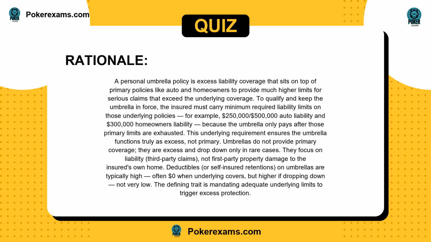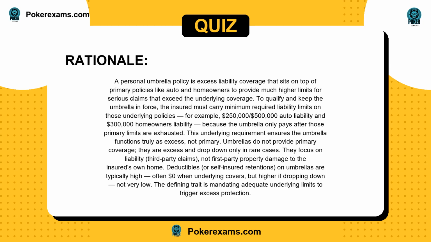To qualify and keep the umbrella in force, the insured must carry minimum required liability limits on those underlying policies, for example, $250,000/$500,000 auto liability and $300,000 homeowners liability, because the umbrella only pays after those primary limits are exhausted. This underlying requirement ensures the umbrella functions truly as excess, not primary.